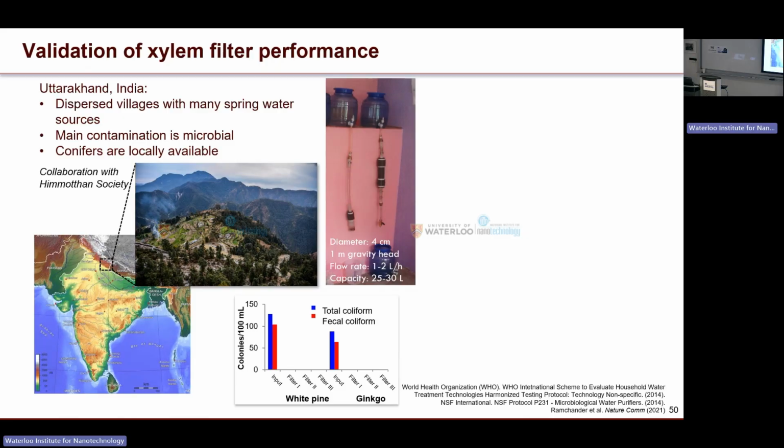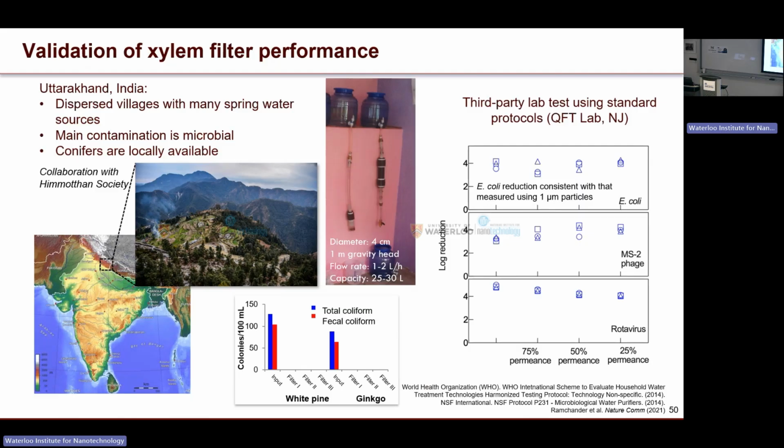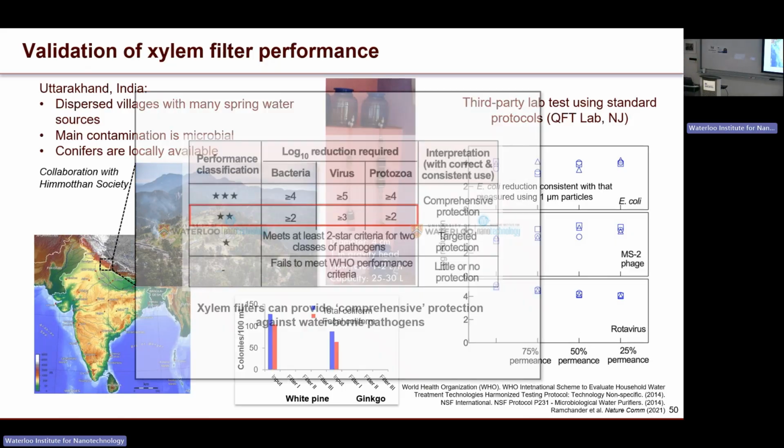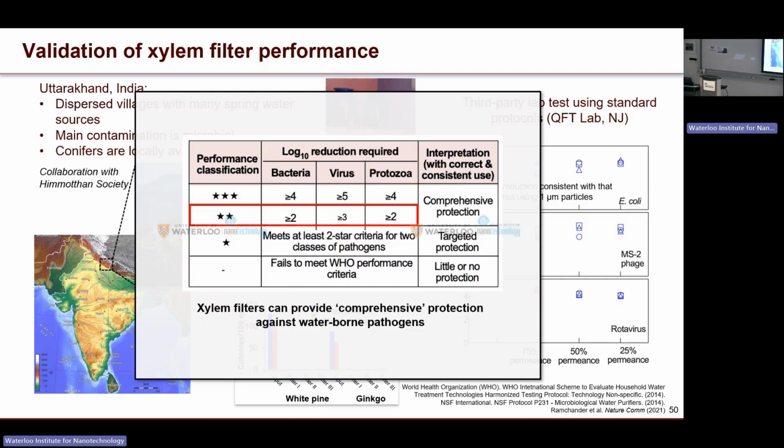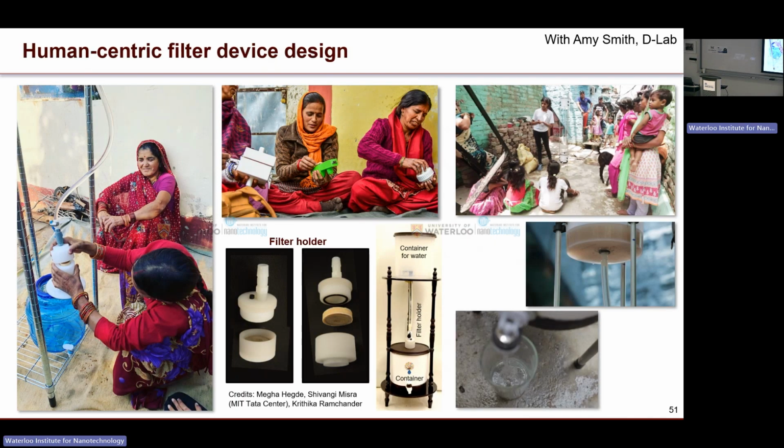And we are able to take contaminated real spring water and show that the filters actually remove the contaminants, and also send these filters to a third-party lab in New Jersey. And they showed very good rejection, not only of the bacteria, but also of viruses responsible for most of the drinking water diarrheal diseases. So these provide pretty good protection against waterborne pathogens.